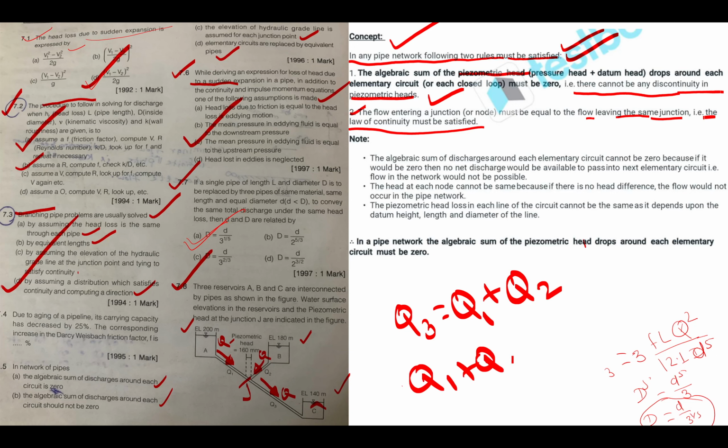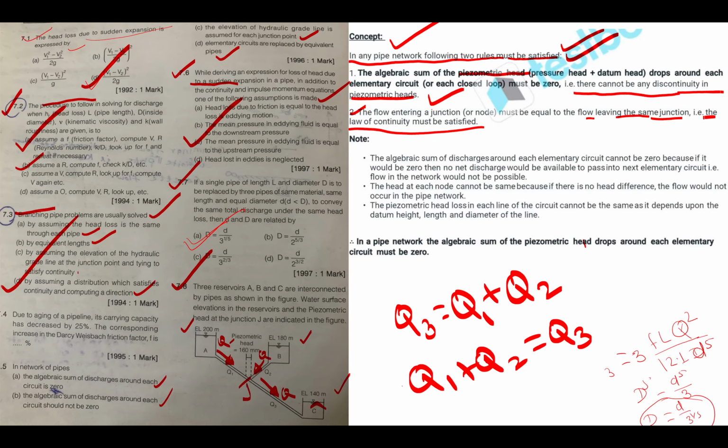So Q3 is contributed by Q2 and Q1, so Q3 is equal to Q1 plus Q2, or Q1 plus Q2 is equal to Q3. So this is the final one. Option A is correct for this.